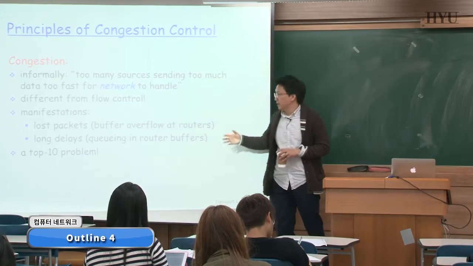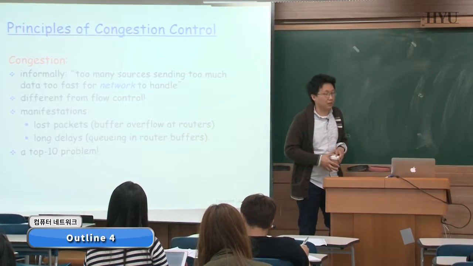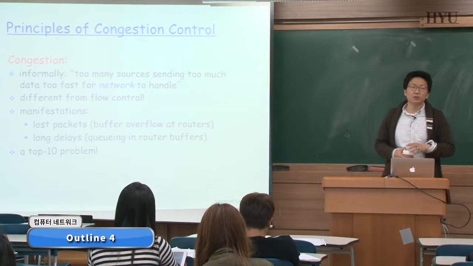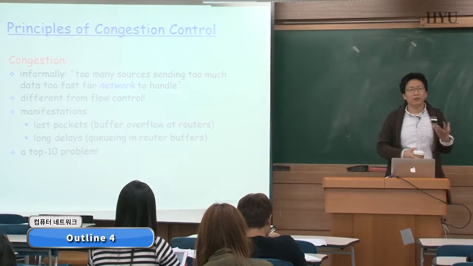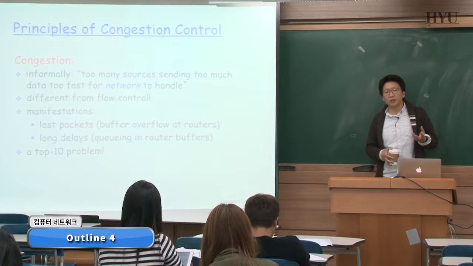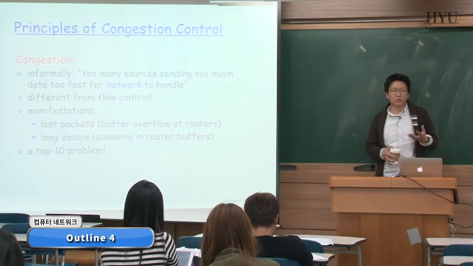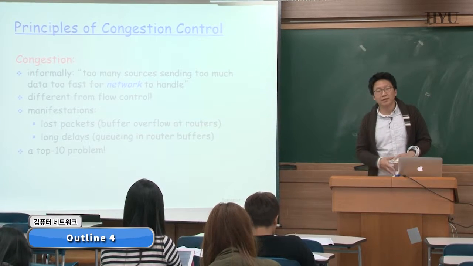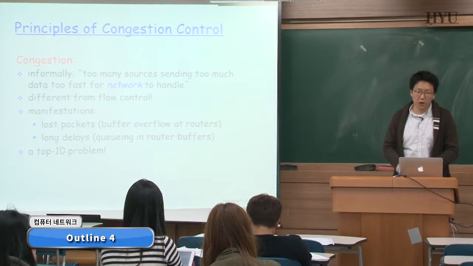Lost packets, long delays, right? Delay components that we have looked at. Basically, the queues in between hold packets too long, so delivery time from one end to the other increases more and more.